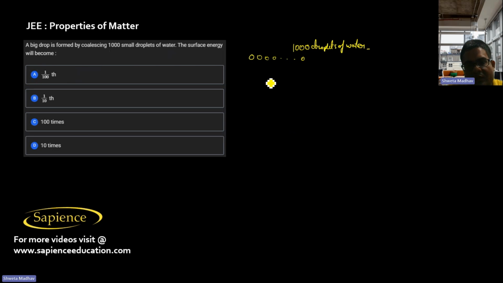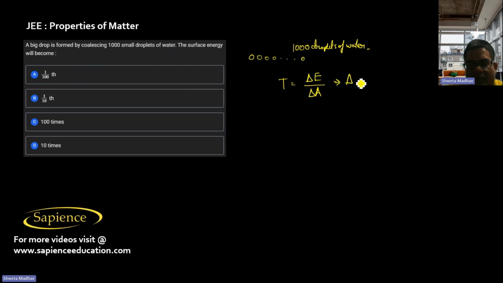Now we know that surface tension is given as change in surface energy by change in surface area.